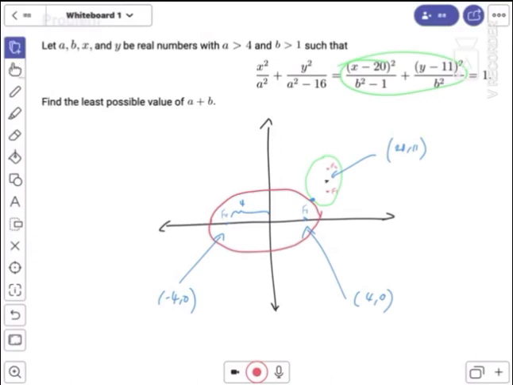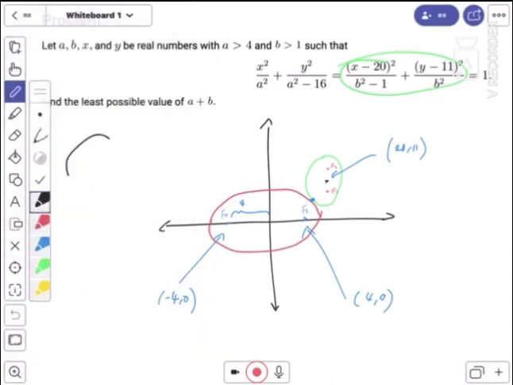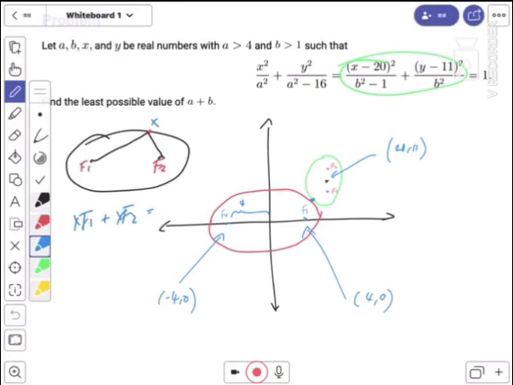Now recall that if we have an ellipse and we have two foci, then if we pick a random point on the ellipse and call this f1, call this f2, and call this x, then xf1 plus xf2 is going to be equal, regardless of your choice of x.